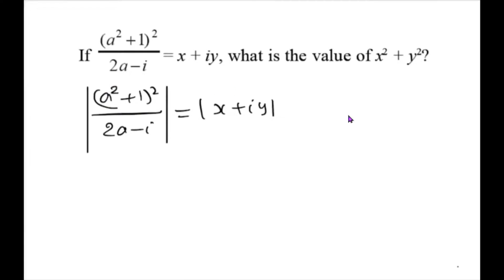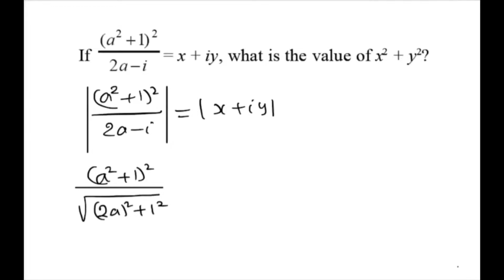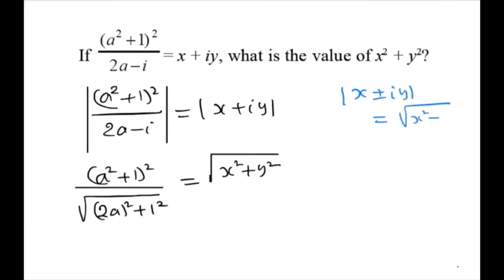Its modulus will be the same, (a square plus 1) whole square upon root of (2a) whole square plus 1 square. That is root of x square plus y square. Remember, modulus of x plus or minus iy is always root of x square plus y square.